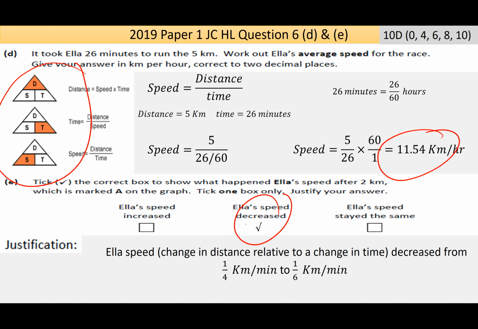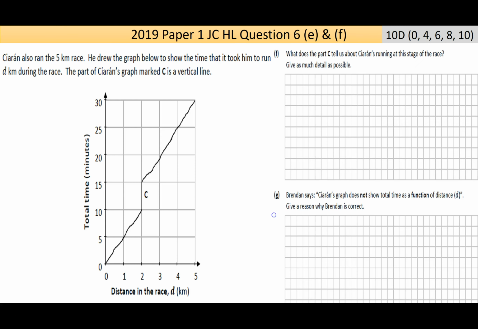So Ella's speed decreased. Why? If you can give reasons, figures, you can prove it directly. She did run 1 kilometre in 4 minutes, then she slowed down to 1 in 6 minutes, so that is slower. Again, the speed distance thing here is weird in that normally the graph is oriented differently, so it is going to be a step harder than normal.